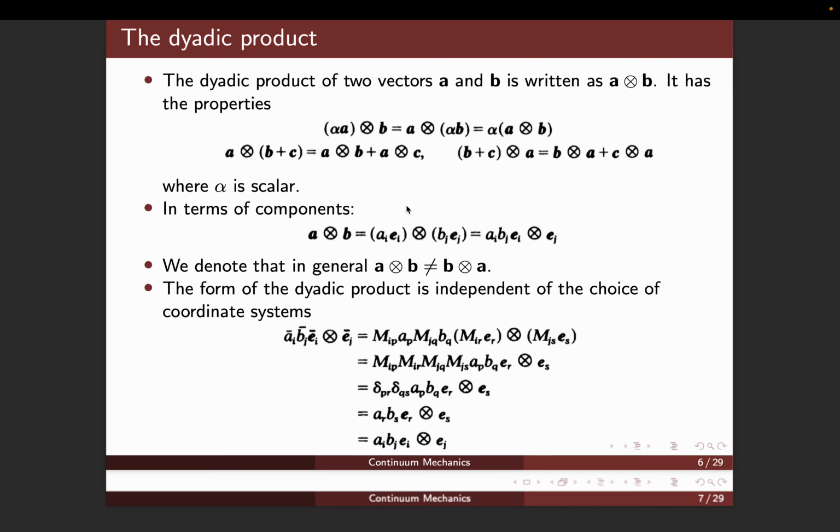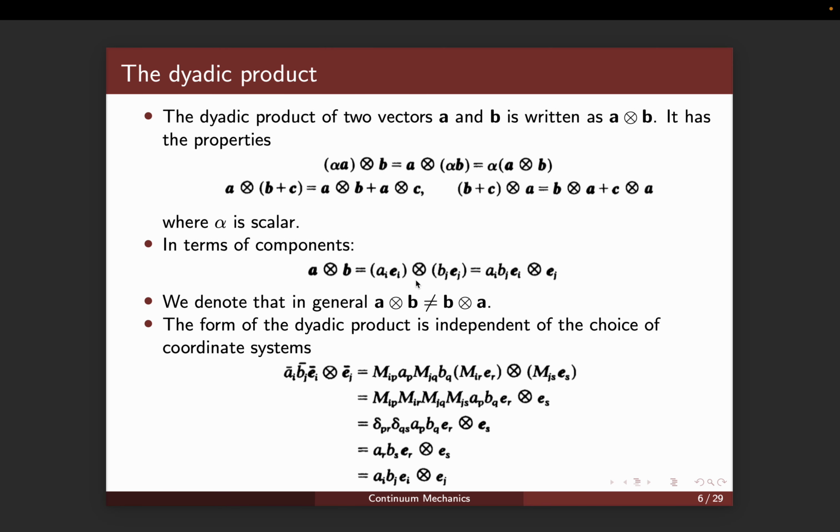So in terms of components, the dyadic product can be expressed using unit dyads constructed from the basis vectors. A dyadic product can be expressed as a linear combination of unit dyads.